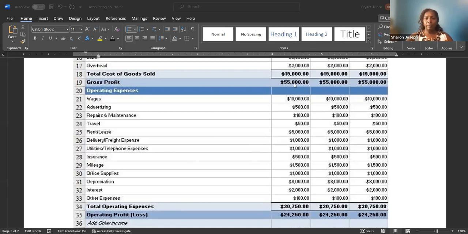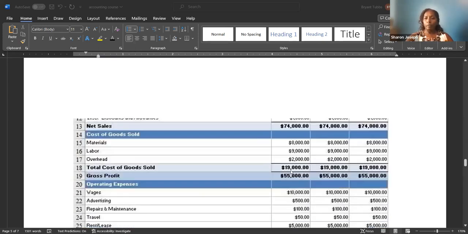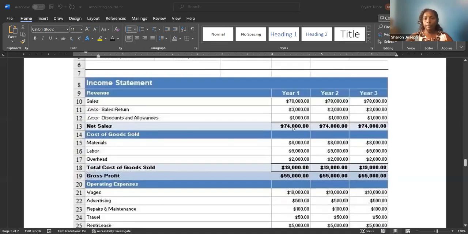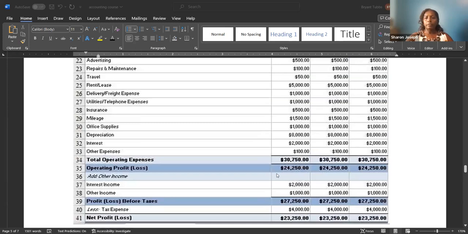So therefore, 55,000 minus your operating expenses of 30,000 will give you an operating profit of 24,000. As you see, again, there's no sign here, but we know that the sales were a credit balance, which is the highest. And so this actually is a credit balance. We're still in the positive.